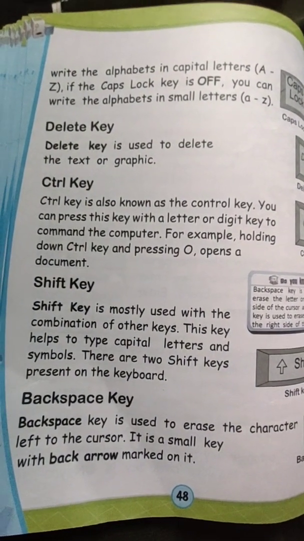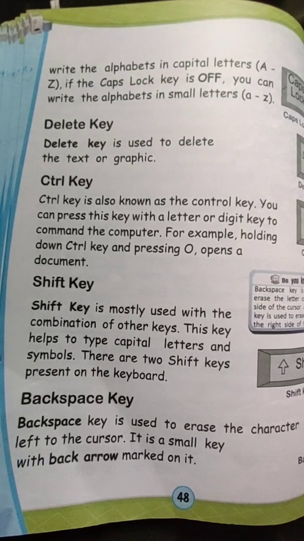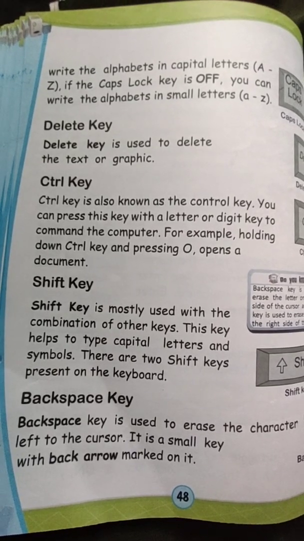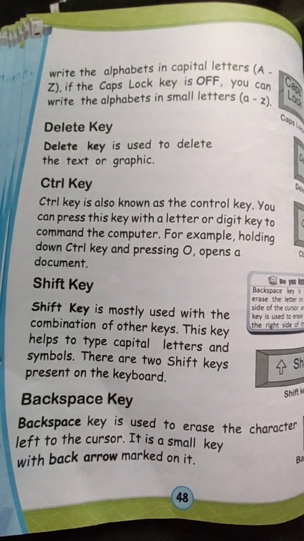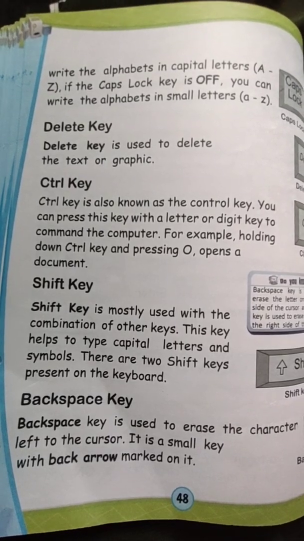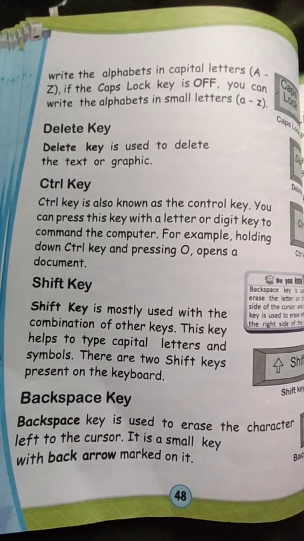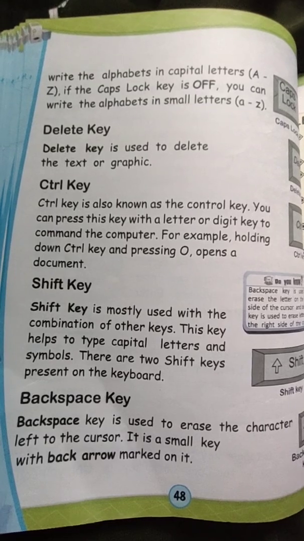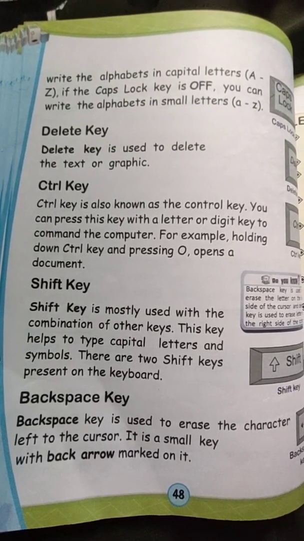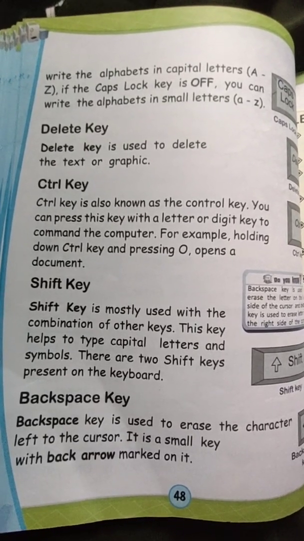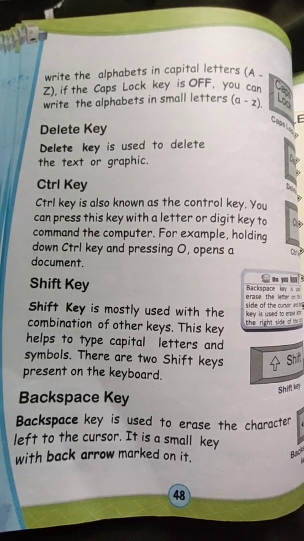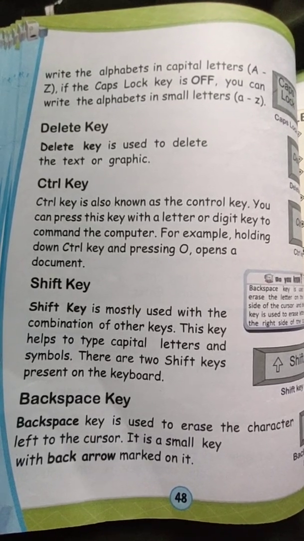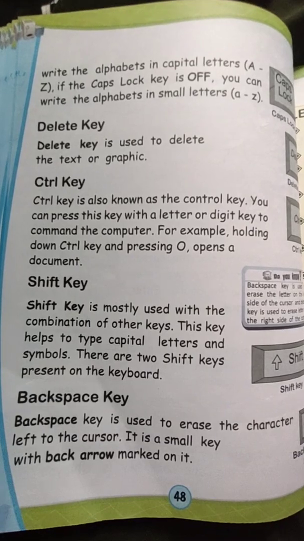And you can press the control key with a letter or digit to give a command to the computer. For example, you want to open a document. So for this, you have to hold down the control key and then press the letter O. After doing this, the document will open.